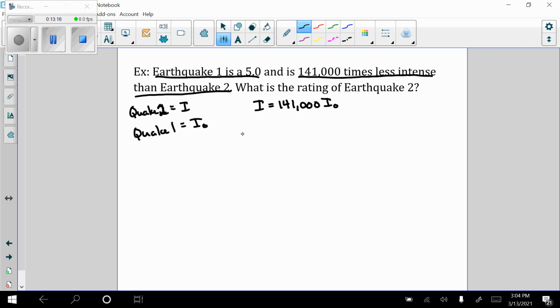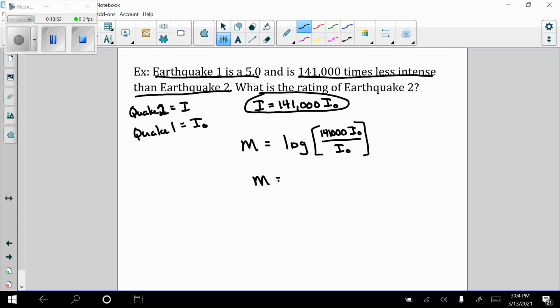So now I can go in and calculate what I need for the Richter rating for quake number 2. So I get M is equal to log, remember it's I over I sub 0. And I've done this a few times, so instead of writing I, I can just write my 141,000 I sub 0 over I sub 0.